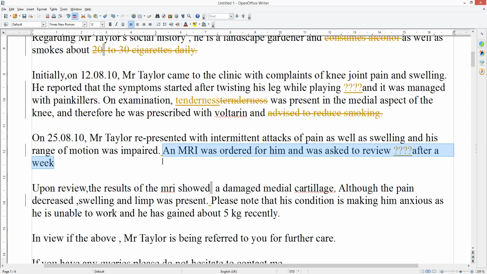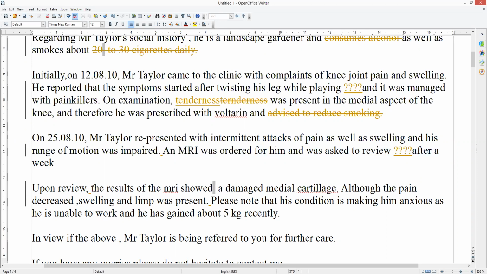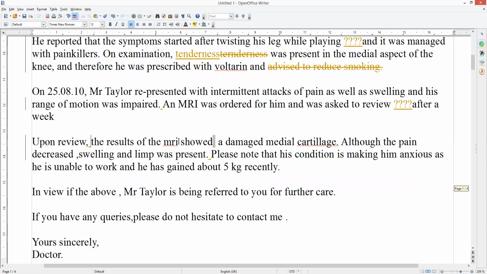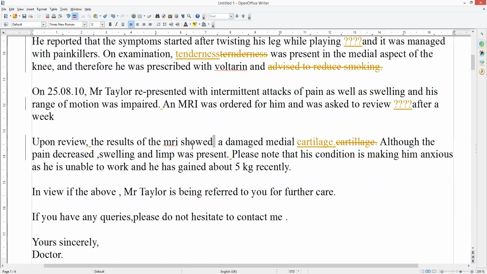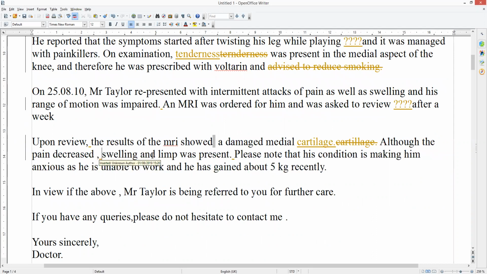This sentence, it's not clear. Okay. Upon review, the results of the MRI, that should be capitalized, showed a damaged medial cartilage, and that should be one L, I think, yeah. Although the pain decreased, swelling and limp. Limp was present, limp, or a limp? You mean he was limping? Right, right.